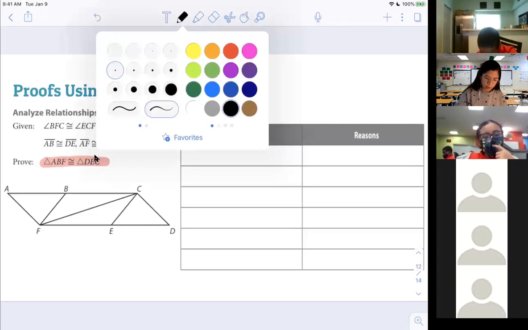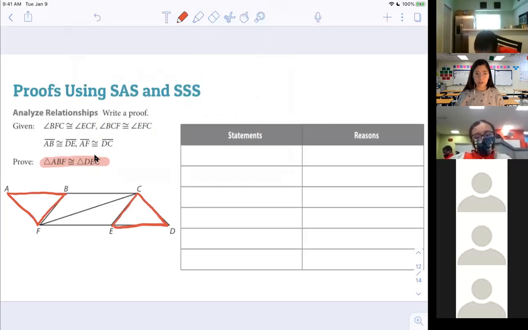I'm trying to prove that ABF, so where's that? This triangle over here is congruent to this triangle over here. That's my end goal. And I'm going to get there using definitions, postulates, and theorems. So let's fill in what we know, and let's fill in what we're going to find out.